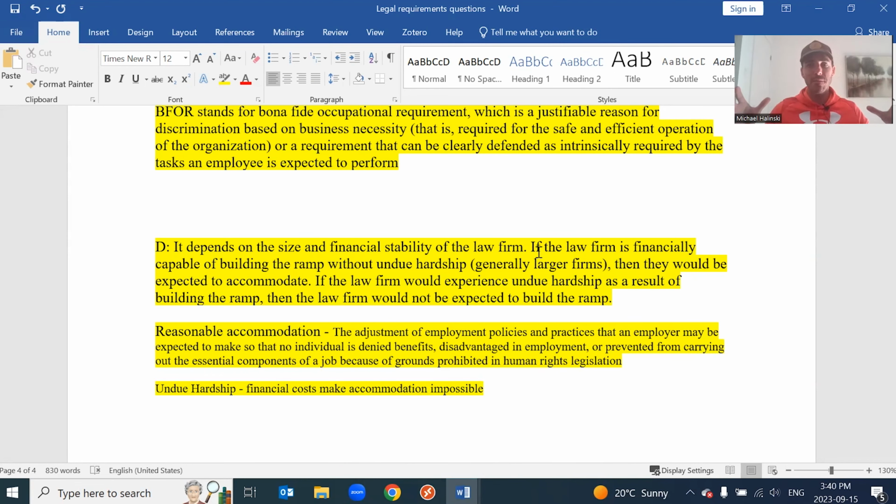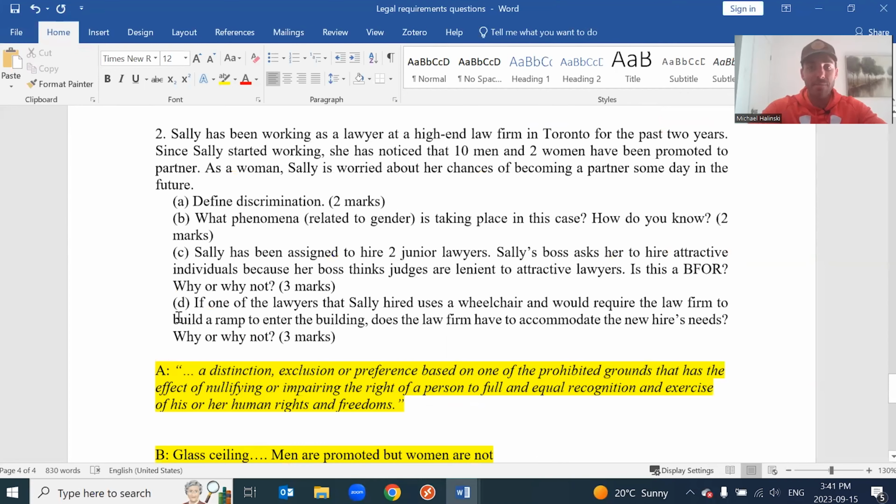If it's a big law firm that can afford it, they're not going to go under by building the ramp, you are legally expected to build the ramp or accommodate that lawyer by another means, such as providing them with access to remote work. Alternatively, if the law firm is very small and does not have the same financial resources, then that organization would not be expected to accommodate the worker based on their physical capabilities.